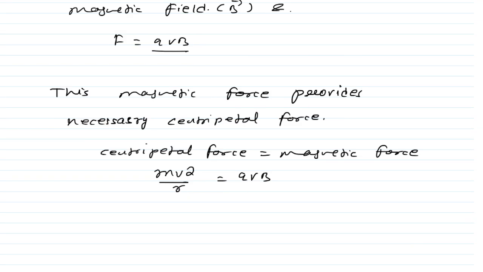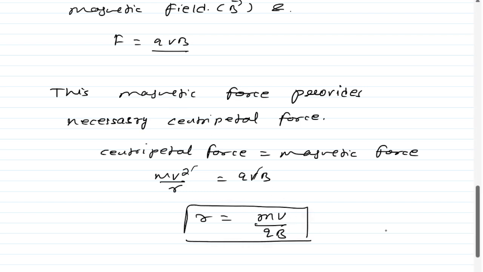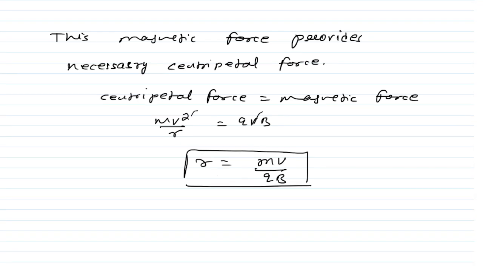Centripetal force is given by m v squared upon r, and magnetic force is qvB. So from here we can say v will cancel, and if you cross multiply, r can be written as mv upon qB. So this is the radius of that particular circular loop. They will ask you to derive this in the exam.